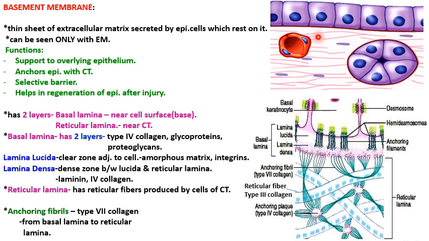The cell surface gets raised from the basement membrane, and a gap is formed between the basement membrane and the cell, which gets filled up with intercellular fluid. No space in the body is empty; if there is a space, it gets filled up with intercellular fluid. That's how blisters are formed. We'll see them later.